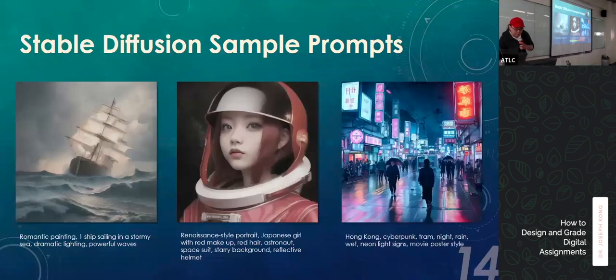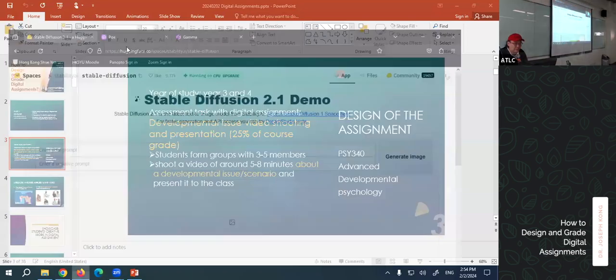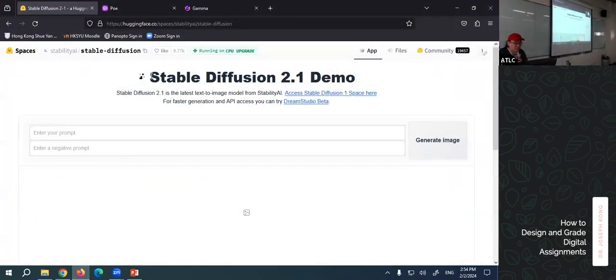So the first one, maybe I can show you. You can generate beautiful girls and some kind of image using stable diffusion. Now, I would demonstrate a very simple one here. In fact, you can go online nowadays. You can just Google stable diffusion.